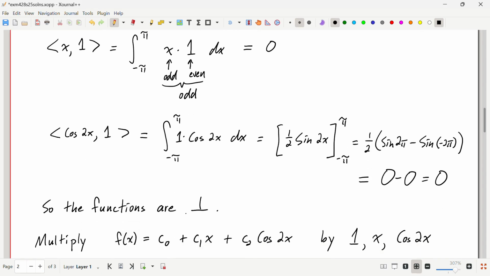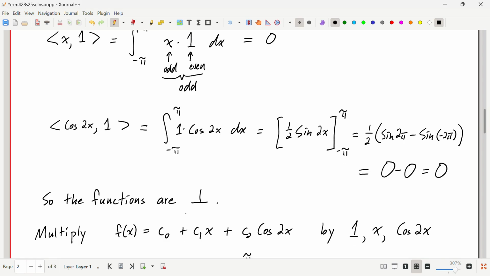The one that doesn't fall out for obvious reasons is cosine 2x is orthogonal to 1. That integral, they're both even, so the product would be even, and so it's not 0 for symmetric reasons. Some people said, well, it's 1 period, so the integral is 0. That's a true thing about cosine and sine, because the hump above is the same area as the hump below the axis, so they cancel.